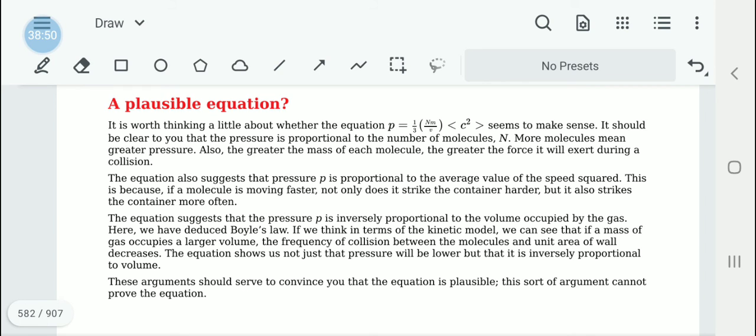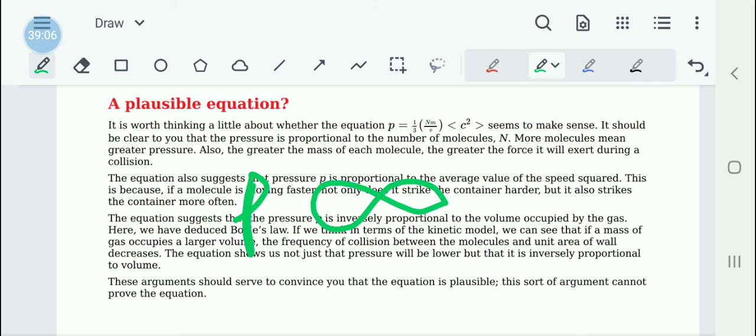This equation is plausible because, number one, pressure is proportional to the number of molecules. That is, P is proportional to N. This is proportional, not infinite.